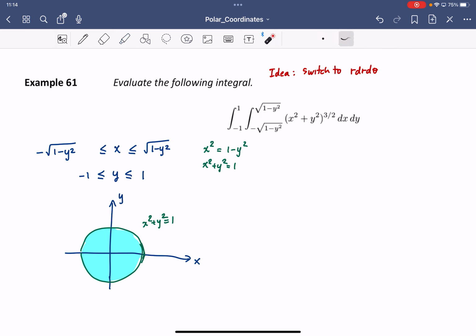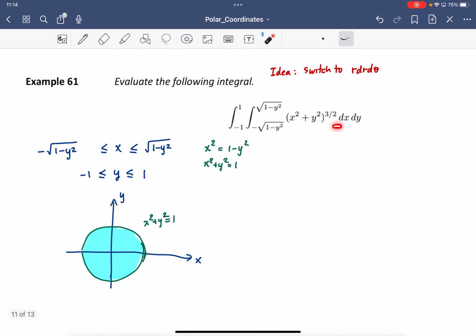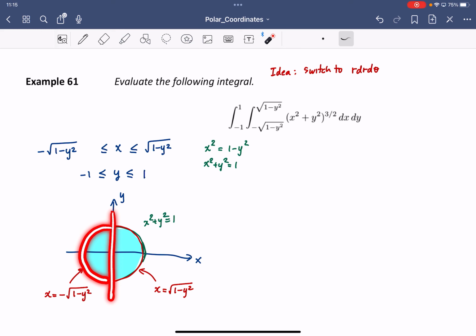Why? Because every time you slice with dx dy, it means you slice horizontally, and you're going to start from x equal to this part to x equal to this part. The part on the left is x equal to negative square root of 1 minus y squared. On the right-hand side, x equal to square root of 1 minus y squared. So the circle can be separated into 2 pieces, the left one and the right one.